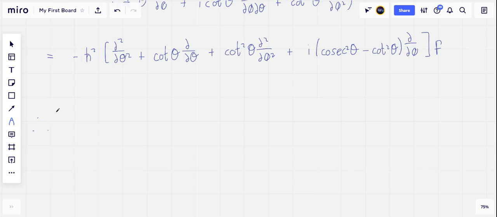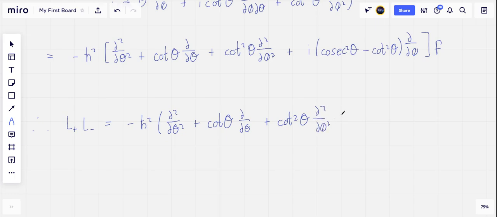So hence, we have shown, therefore, that L plus L minus as an operator is minus h bar squared d2/dθ² plus cotan θ d/dθ plus cotan squared θ d2/dφ² plus i d/dφ. QED.